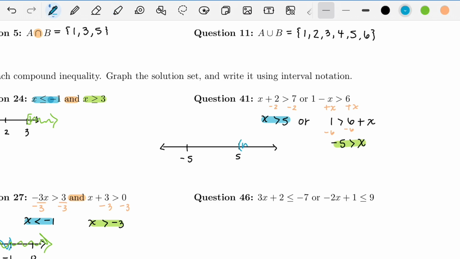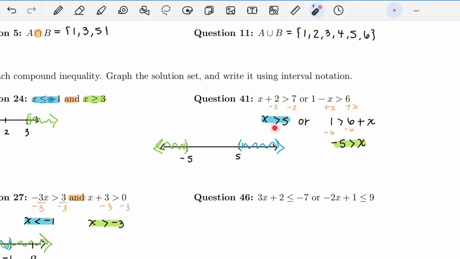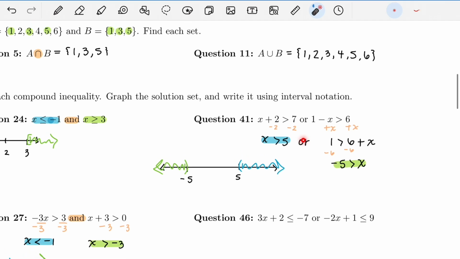So here, it's going to be all values from 5 up to infinity. And for this guy, it'll be all values less than -5 down to -infinity. And we're not including the 5 and -5 here since we just have a greater than or a less than symbol here.